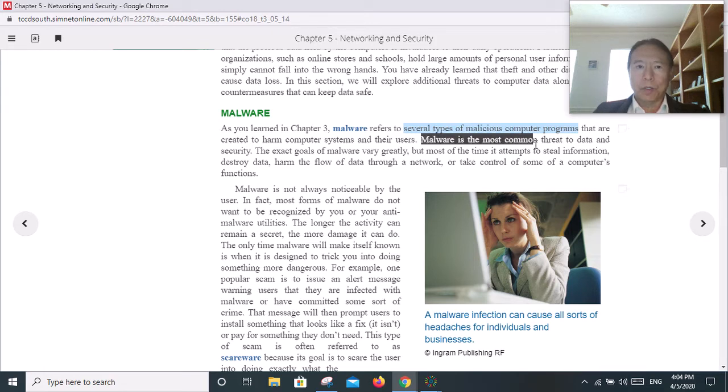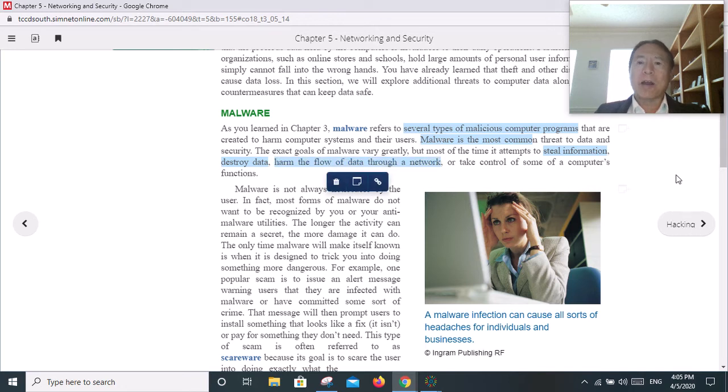That's very true. That one is going to steal information most of the time. They go to your computer and steal all of your sensitive information, including your bank account information. That's number one. Number two, they can destroy data. They wipe off your data. And then they can harm the flow of data through a network.